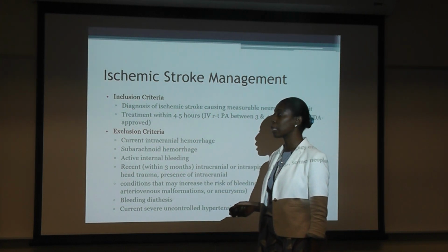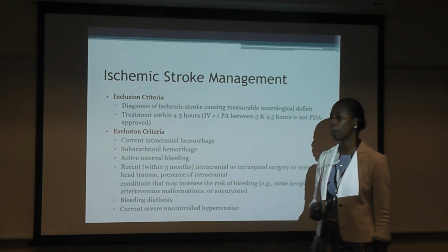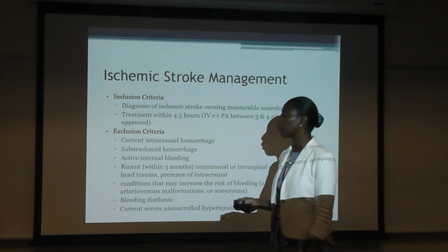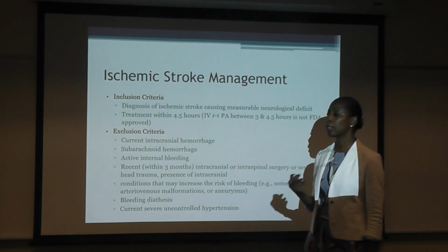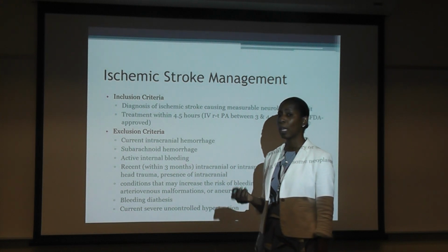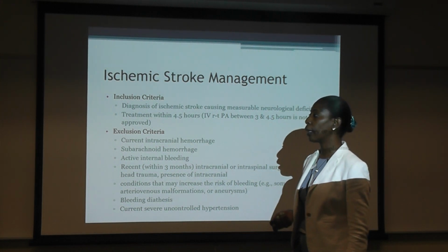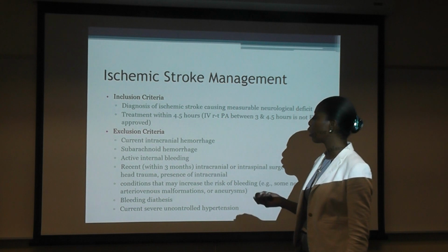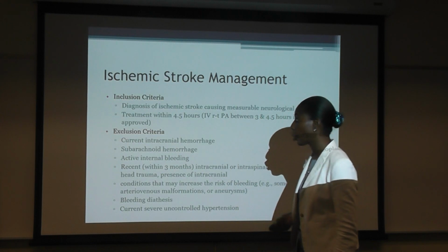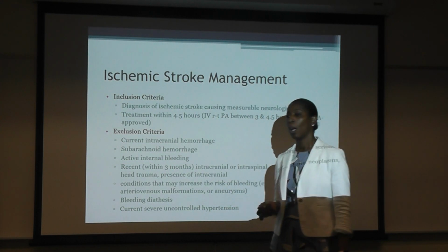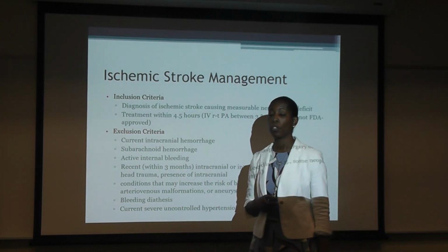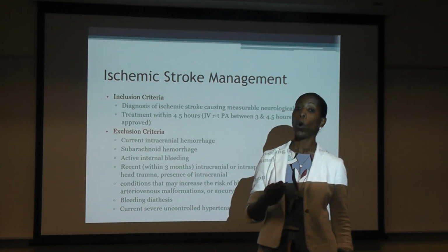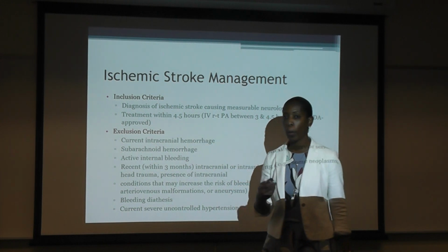Inclusion criteria for TPA, alteplase, that we're using now for patients who come in with signs and symptoms of a stroke, with an NIH score that is, I don't think I included the NIH scale in here, which I should have, so take a look at that. Usually you start initiating TPA for a patient with an NIH score greater than 4, and you can go all the way up.